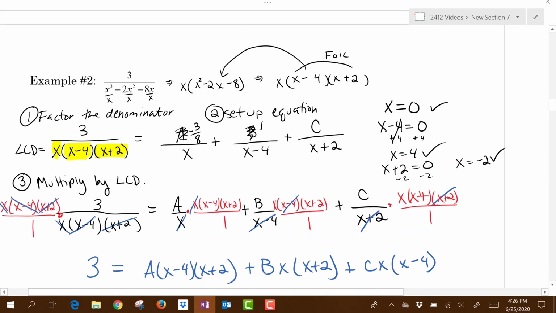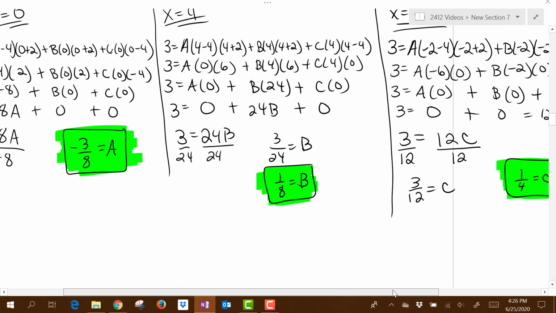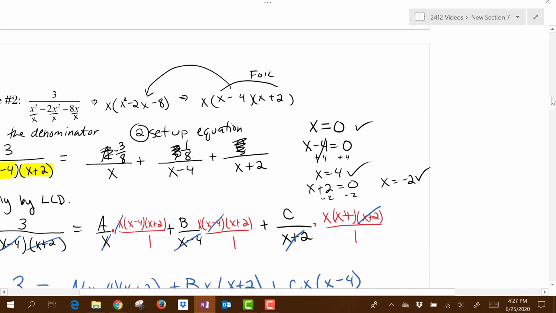So where I have the b, I'm going to put 1 over 8. And in place of c, we said that c was 1/4 when we simplified. Alright, so there would be our partial fractions. So -3/8 over x, 1/8 over x minus 4, plus 1/4 over x plus 2.